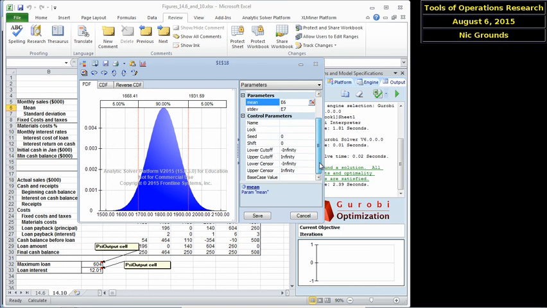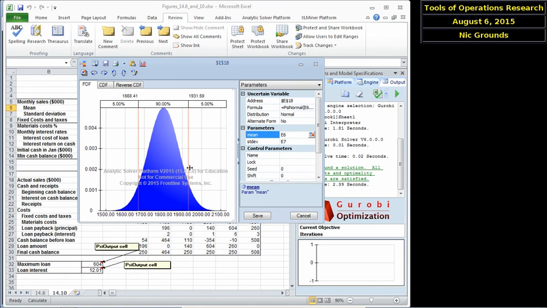See, up here you can see, so there's a 90% chance, 90% probability that the sales value for that cell I clicked on will fall between about 1.66 million and 1.93 million. Okay? There's a 5% chance it's less than 1.6 million, and a 5% chance it's bigger than 1.93 million.